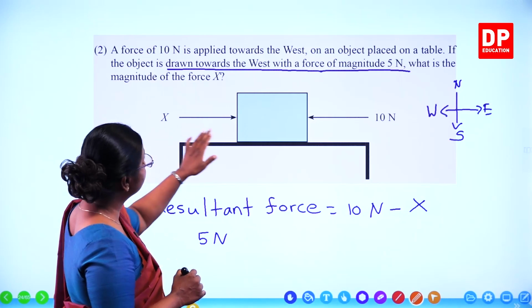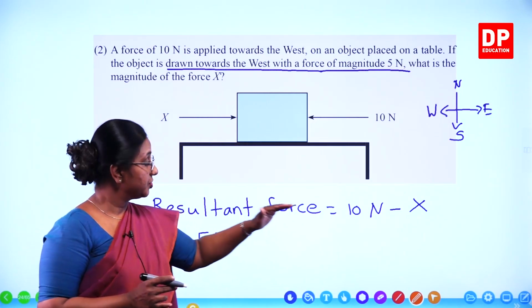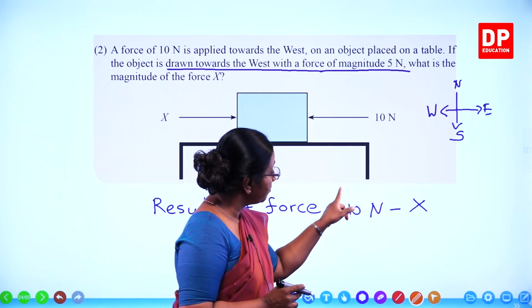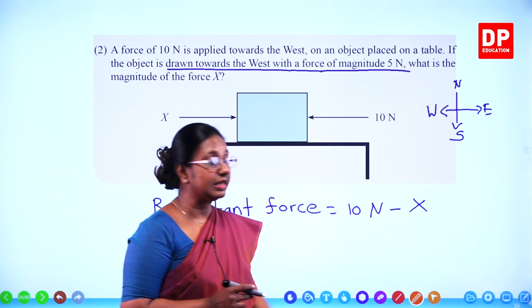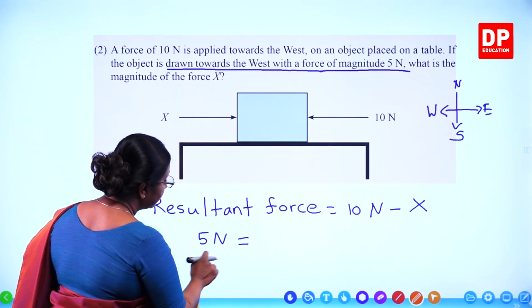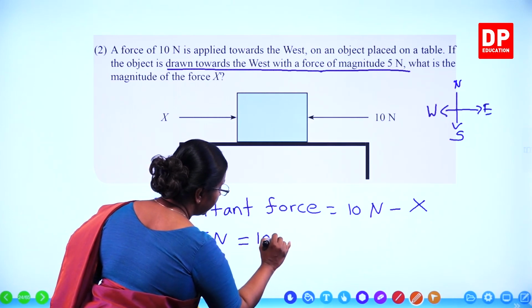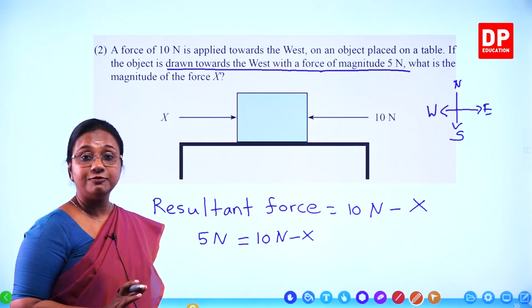If it was towards x, then you have to write the equation the other way. So here, since the object moves towards 10 Newton, we have 10 Newton first minus x. So 5 Newton, that is the resultant force, is equal to 10 Newton minus x. That's how you get the resultant force, no?